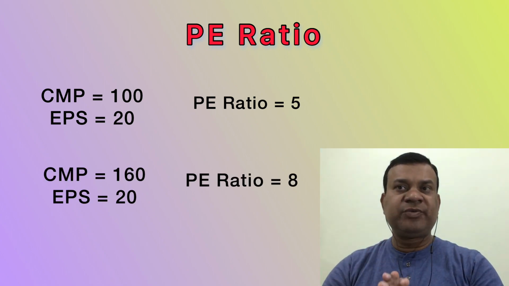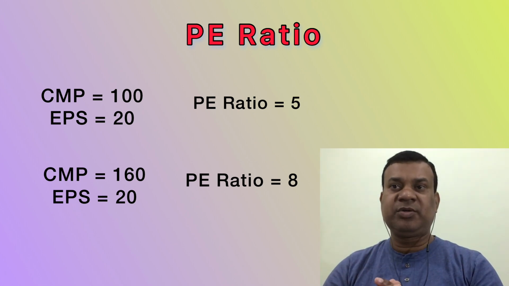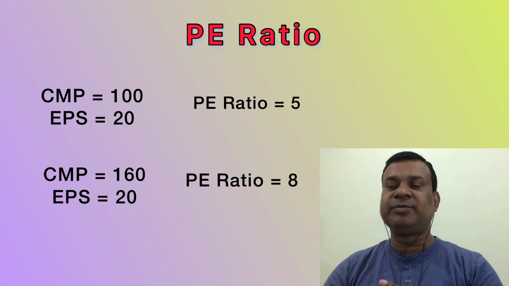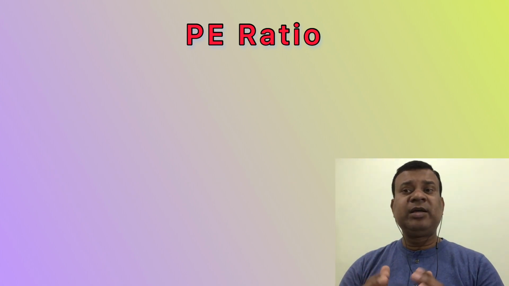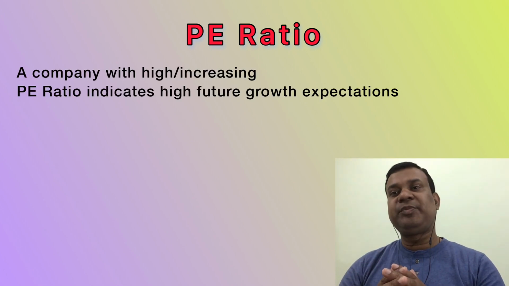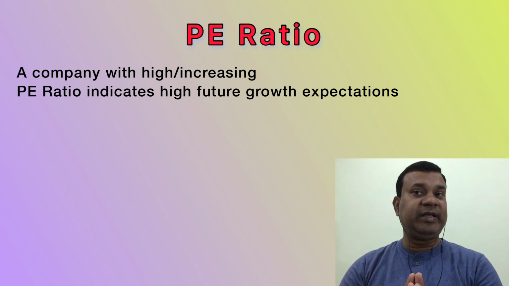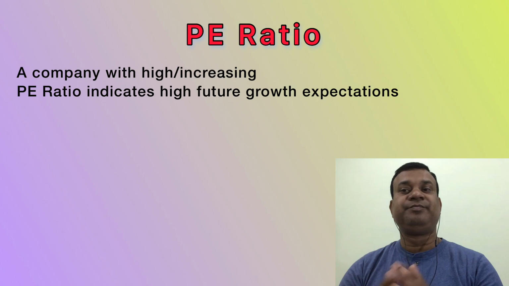Now, the natural question which arises in mind is, if the earning per share remains constant for a quarter, why does the stock price increase or decrease? If the stock price of a company is increasing, it clearly depicts that analysts have analyzed that in coming quarters, profit of the company is going to increase, that is, earning per share will increase. In this anticipation, the share price of a company increases.